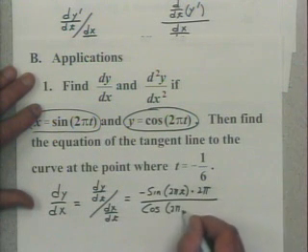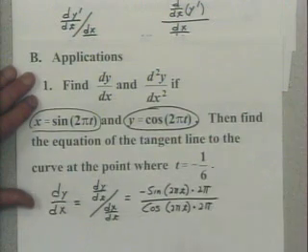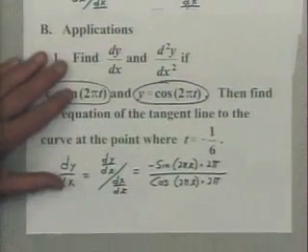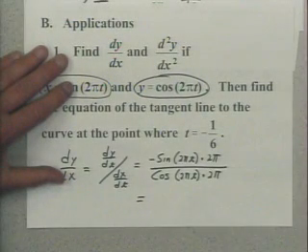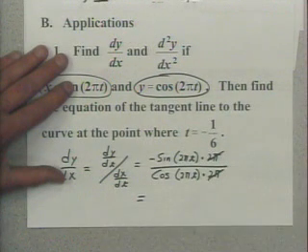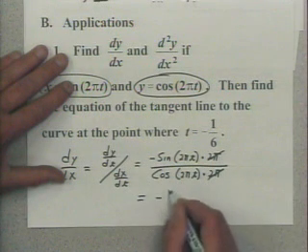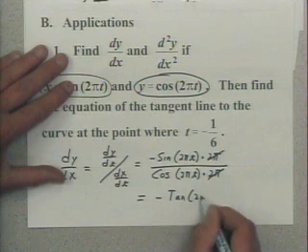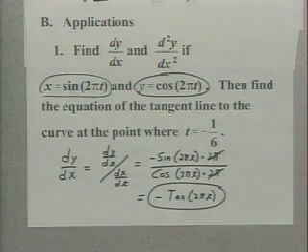And that'd be cosine of 2 pi t again, times what? 2 pi. Okay, well, fixing it up, what can you do? Cancel that, right? And what's sine over cosine? So it'd be minus the tangent of 2 pi t. There's your first derivative in terms of t.